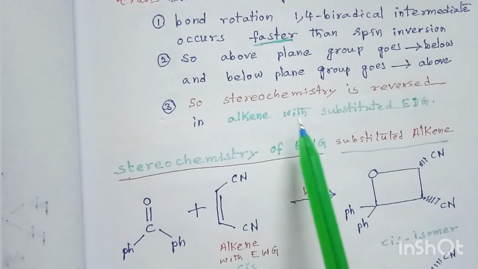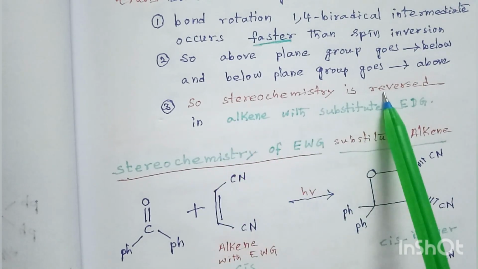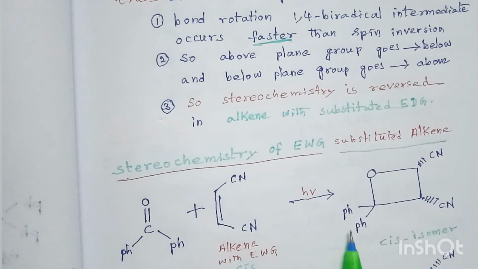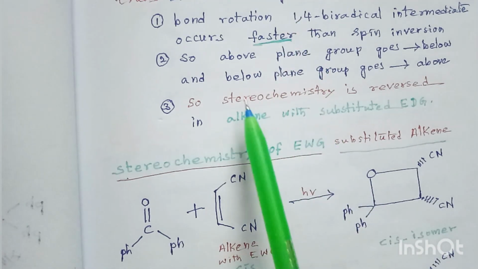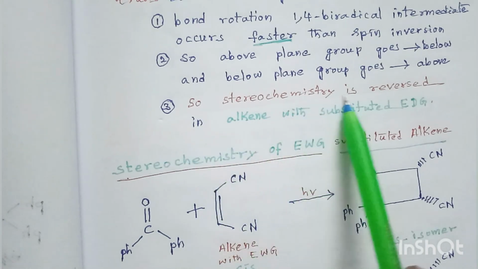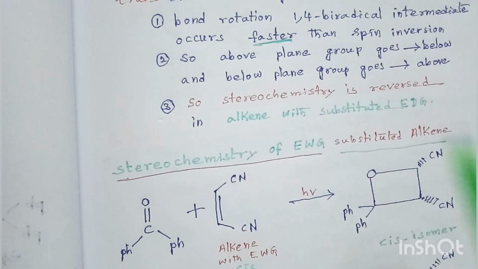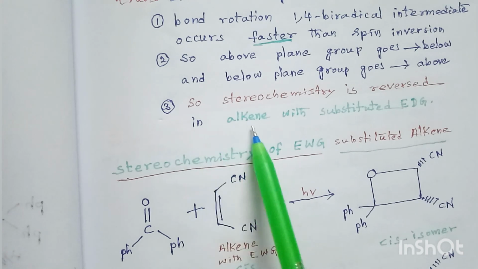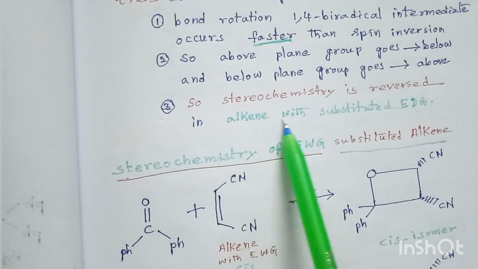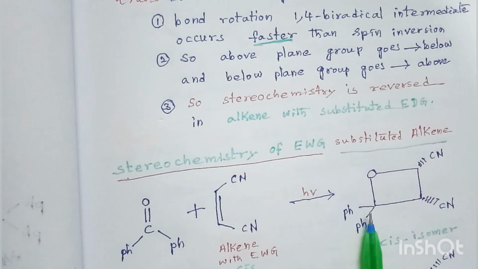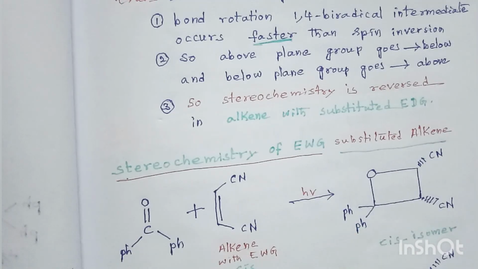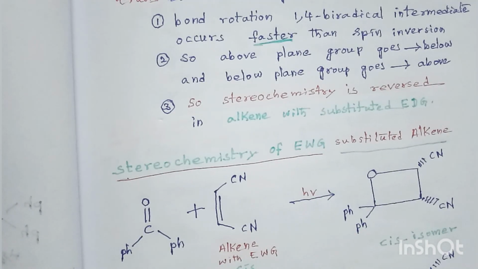So the stereochemistry is reversed, and cis becomes trans. So trans is the major product here. If we have taken a trans alkene, the cis product will be the major.